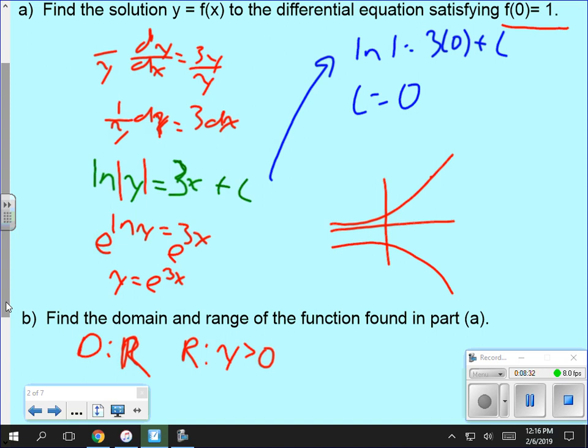In this one, my graph is above the x-axis. Everything's above the x-axis. It's fine. If my initial condition had a graph that was below the x-axis originally, then my range would be everything less than 0. So your initial condition is important for this.